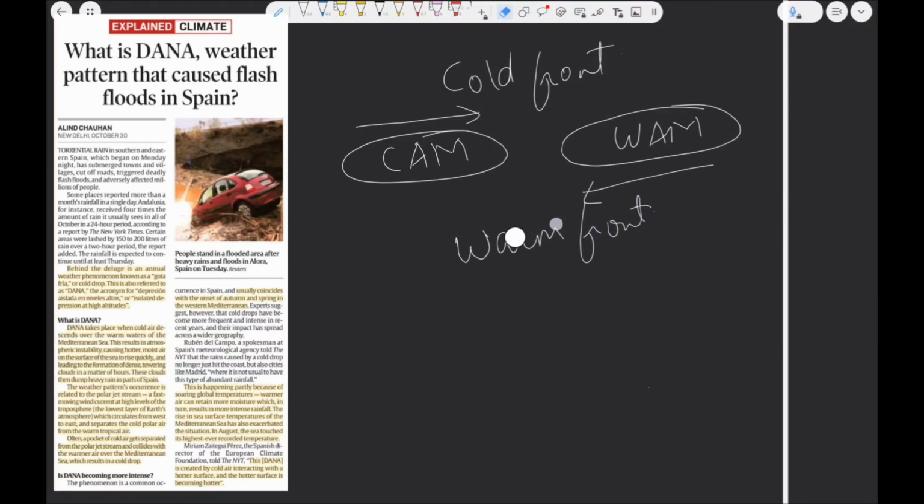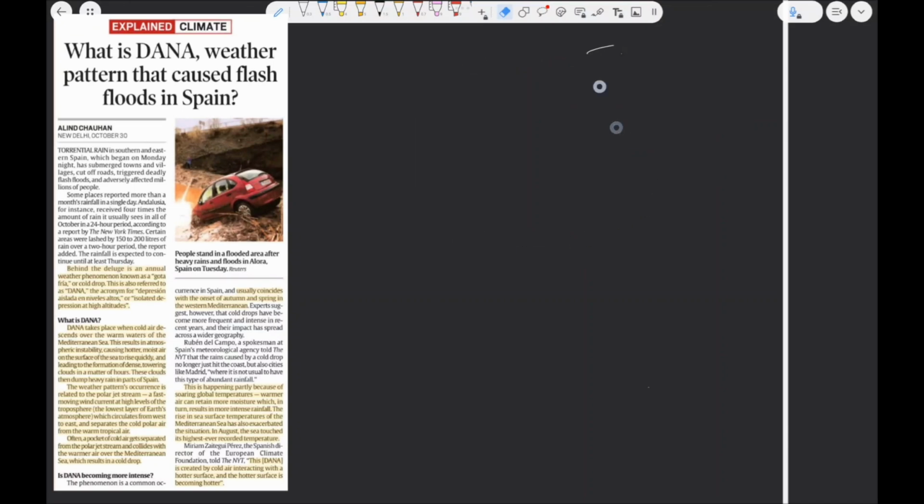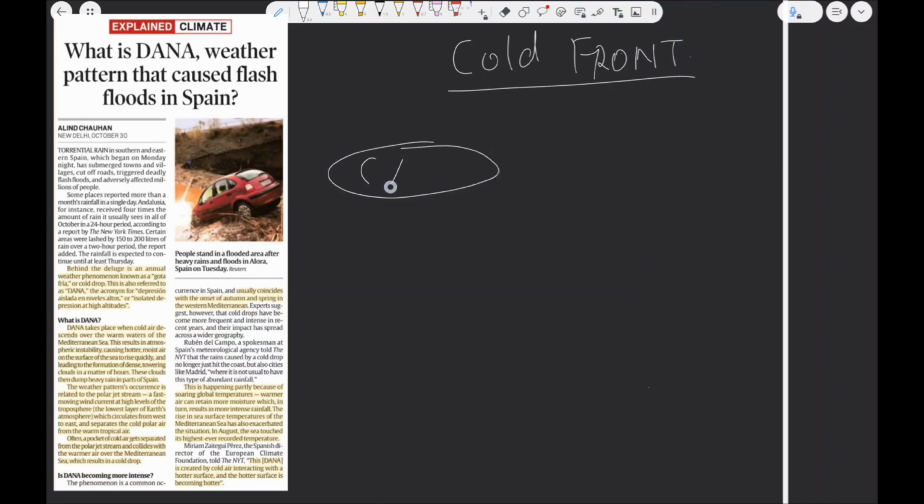Now, here we are seeing the formation of a cold front. Cold front means the cold air mass is moving towards the warm air mass, which is formed over the Mediterranean Sea. It is a warm air mass because at this time of the year, the Mediterranean Sea is warm.